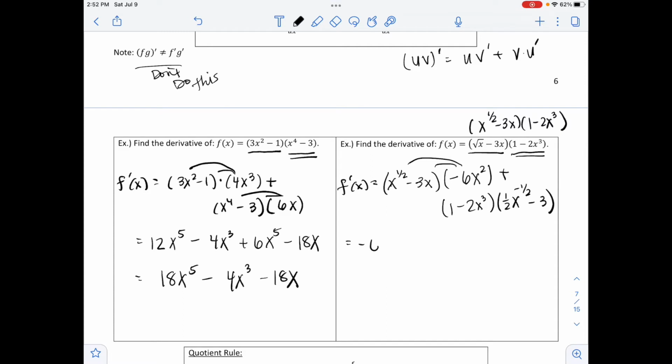And so we get negative 6x to the, and from here, we need to add our exponents, and so we're going to have 2 plus 1/2, which you can think of as 4 over 2 plus 1/2, so we get a common denominator, and that's going to become 5 over 2. And then we have negative 6x squared times negative 3x, which is going to become positive 18x to the third. And then for the next part, we need to FOIL this. And so 1 times 1/2 x to the negative 1/2.